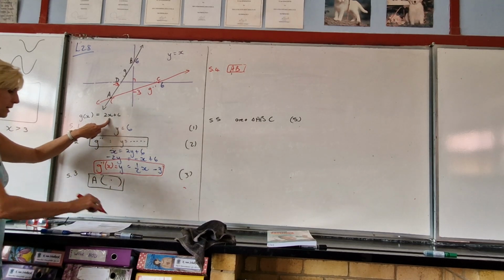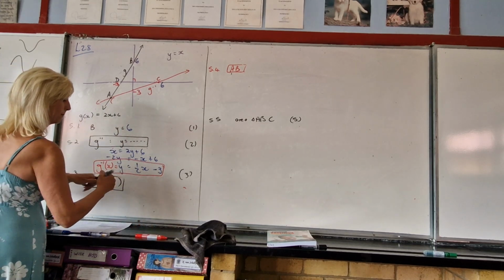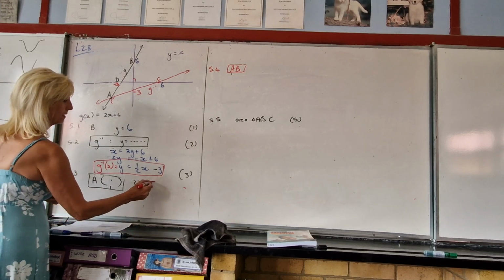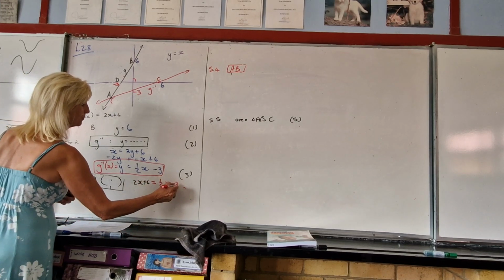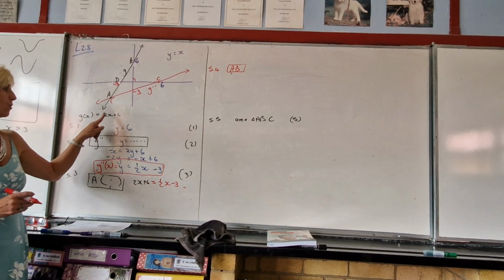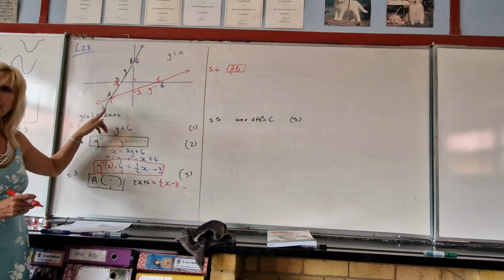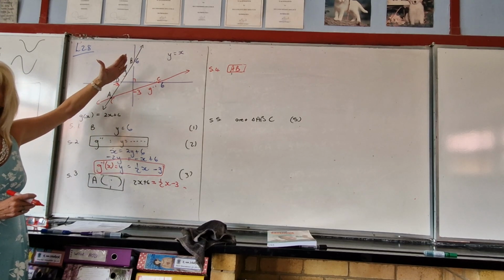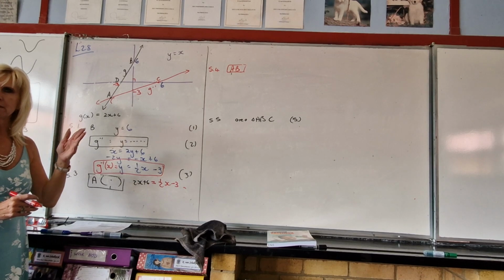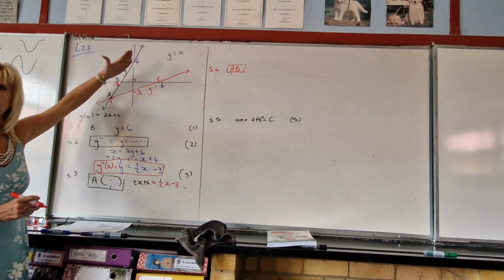So that'll be 2x plus 6 must be equal to half x minus 3. Just for interesting sake, the fact that it's positive a half, the gradient, and positive two the gradient. Make sense? Yes. If you made a mistake and maybe got to a negative, you should have thought, has to be a positive gradient. Look at it.